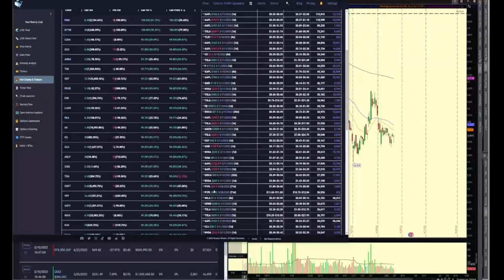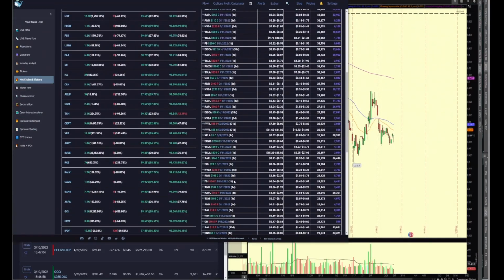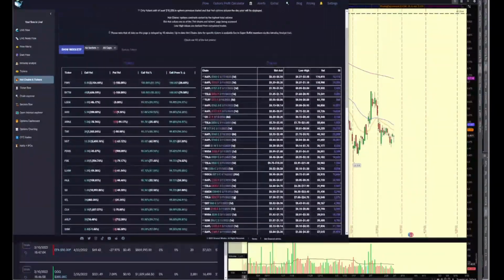Very rarely are you going to see things on the hot chains that are dated 2 years out. They're things that people are buying actively, and usually what's being bought very actively is expiries within the next 30 days at least, which is suitable to what we're looking for when we're day trading, right?